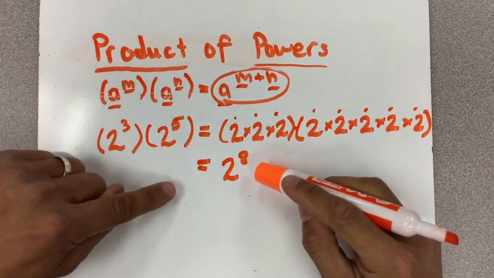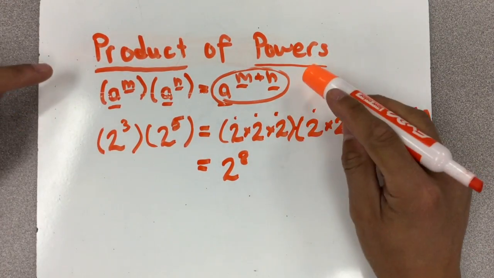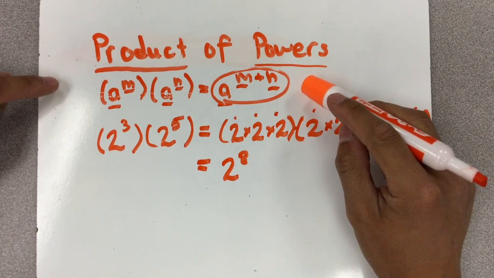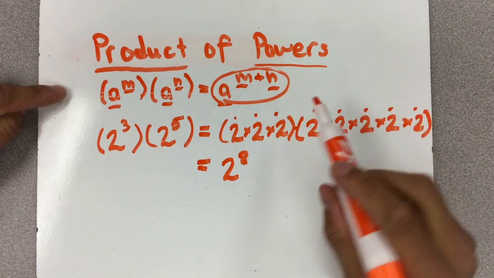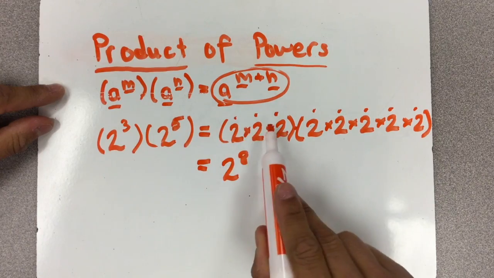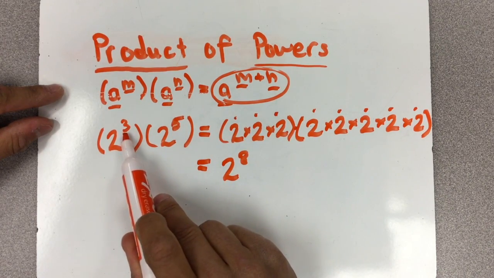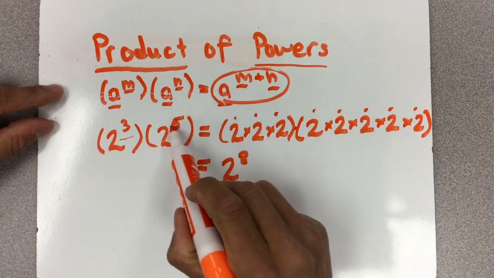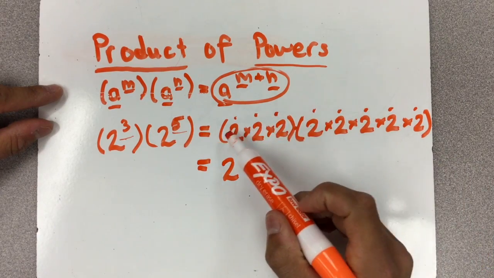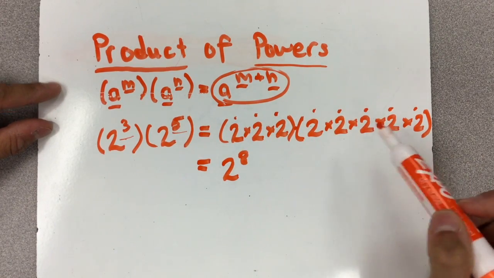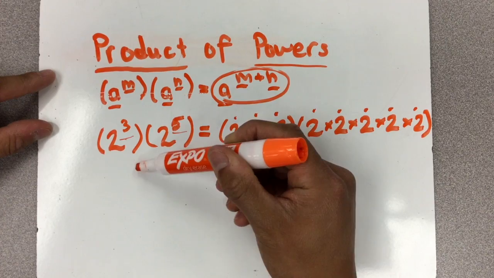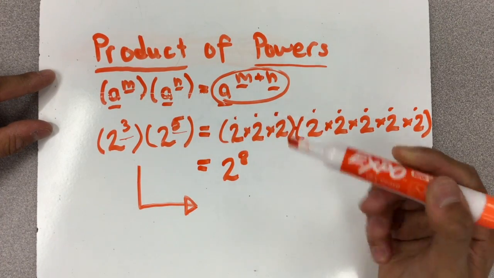And so that's what our shortcut, well, not the shortcut, but what our power law is actually showing us. This product of powers is telling us that if I have repeated multiplication shown as exponents, then instead of writing out repeated multiplication like I did here, I can instead show it like this.